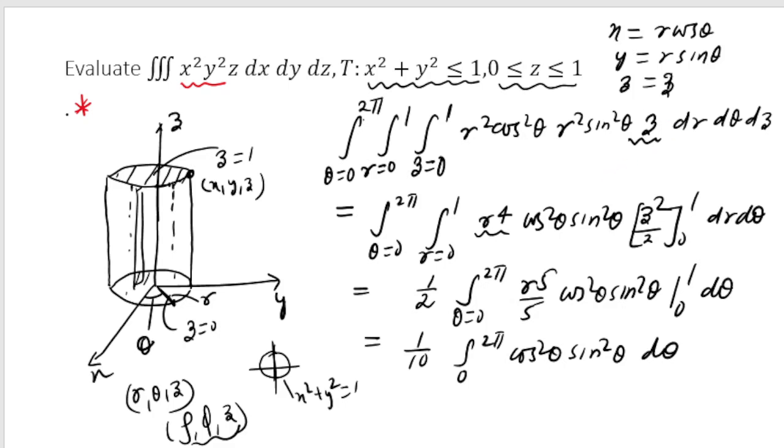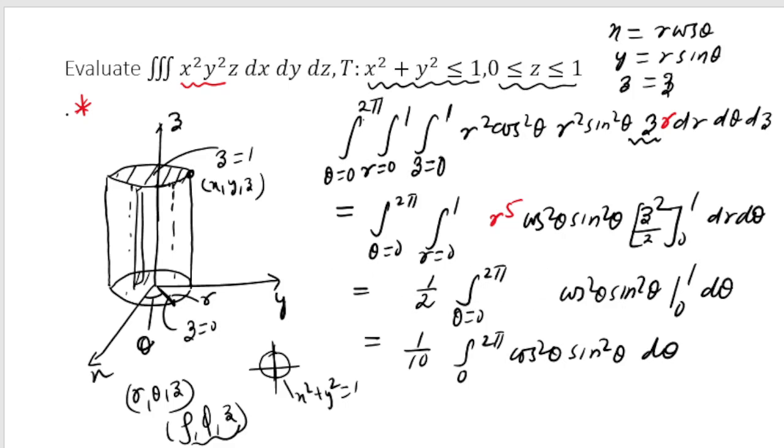So that mistake let me correct. This r I have to multiply. So if I multiply this, r to the power 4 should be actually r to the power 5. So the mistake I am highlighting, it will be r to the power 5. So if it is r to the power 5, the integration will be r to the power 6 by 6.